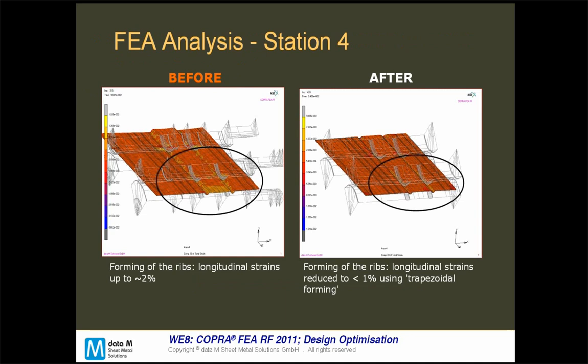So investigating the results, the difficulty of the material, due to the long legs and the stiffness of the material, to get to this inward movement with this multiple bend strategy created longitudinal elongations.